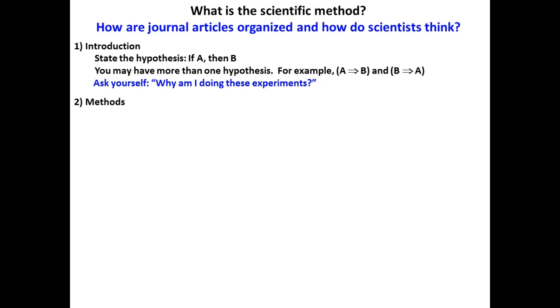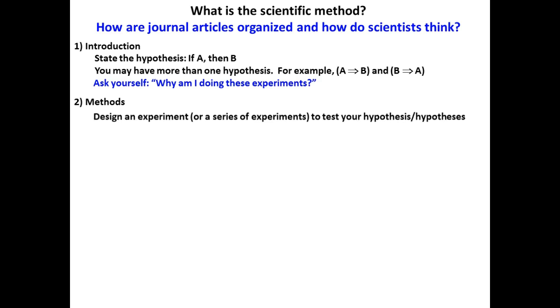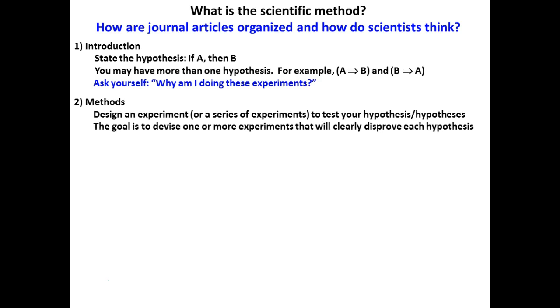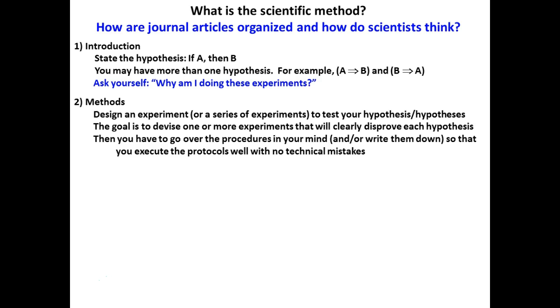And then methods is what they're actually going to do to test this hypothesis. They're going to design an experiment or a series of experiments to test that hypothesis or hypotheses, more than one. The goal is to devise one or more experiments that will clearly disprove each hypothesis. That seems kind of backwards, but if you can disprove something, then it's definitely not true.